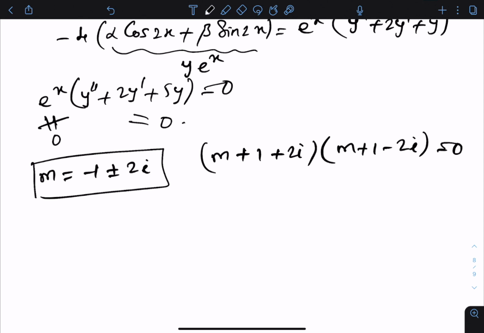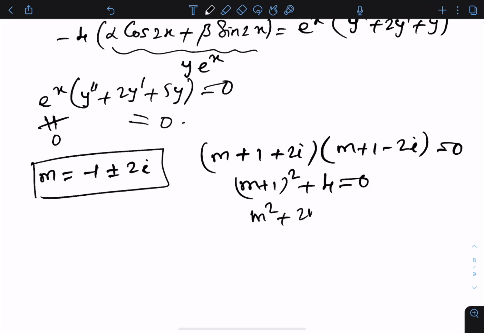So you see (m plus 1) whole square plus 4 equal to 0, which is m square plus 2m plus 5 equal to 0. So the ODE for which that is the characteristic equation is precisely what we had obtained.